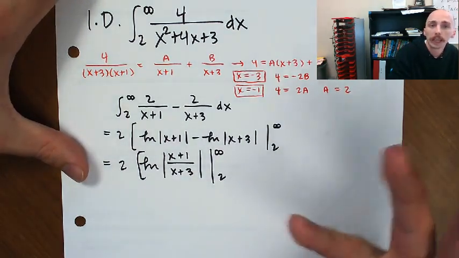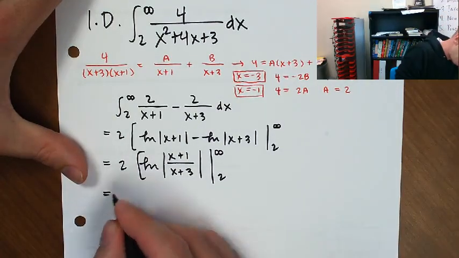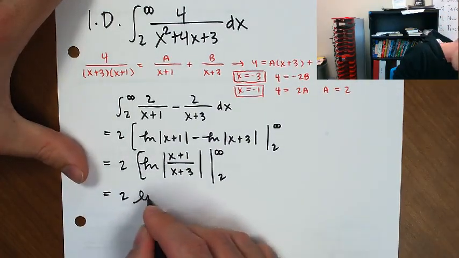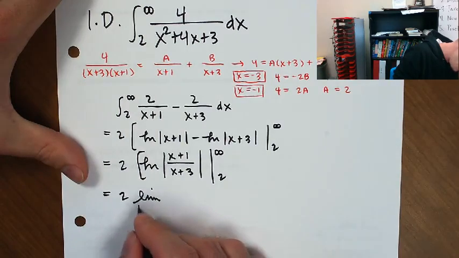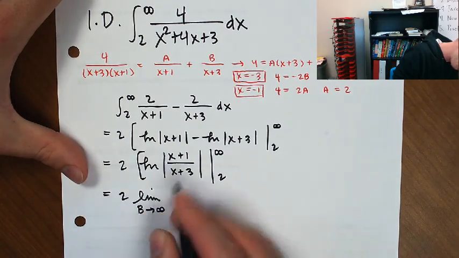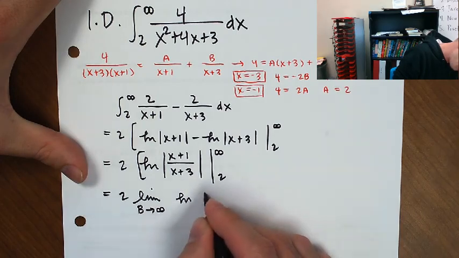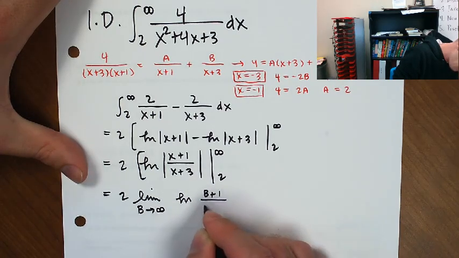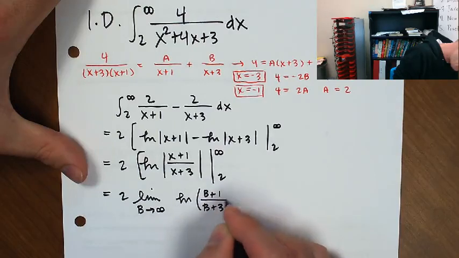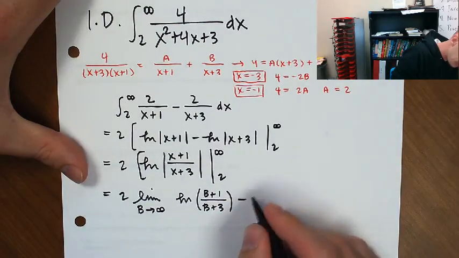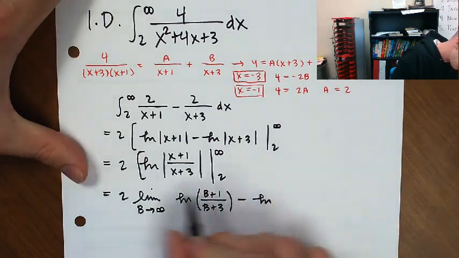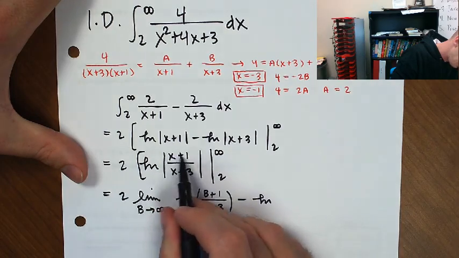Now, the step where I would plug in, that's where I need to transform to a limit. So that's 2 times the limit as b goes to infinity of the natural log of b plus 1 over b plus 3 minus the natural log of, when I plug in 2, I get 3/5.